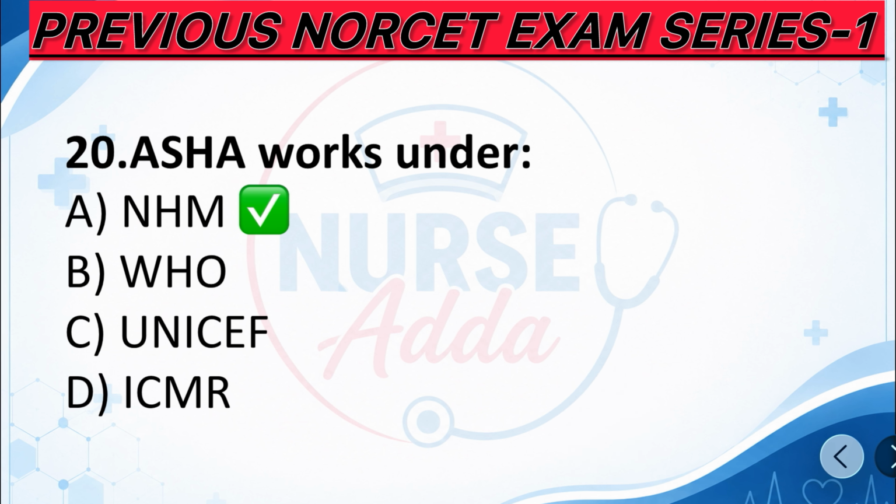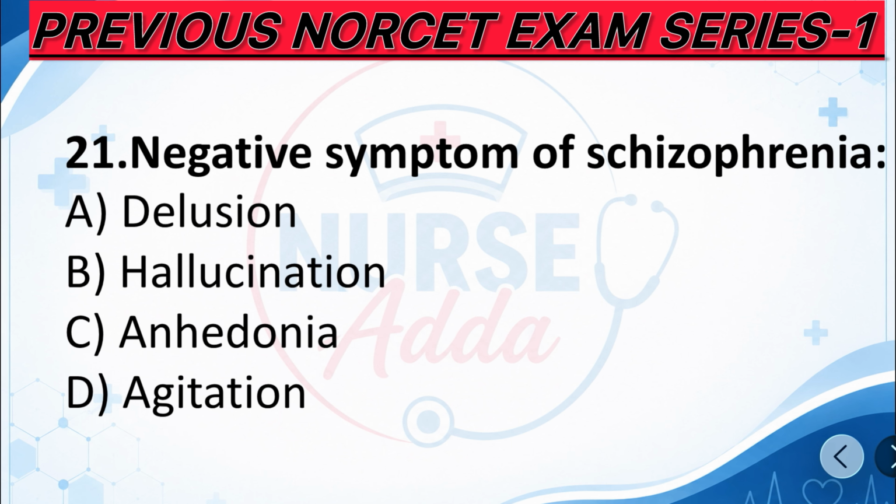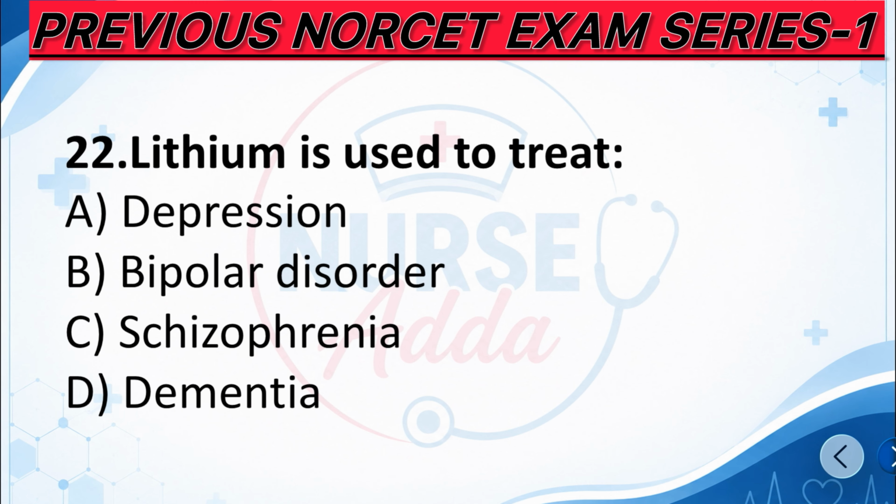The right answer is NHM, National Health Mission. Next question. Negative symptom of schizophrenia is delusion, hallucination, anhedonia, agitation. The right answer is anhedonia, option C.